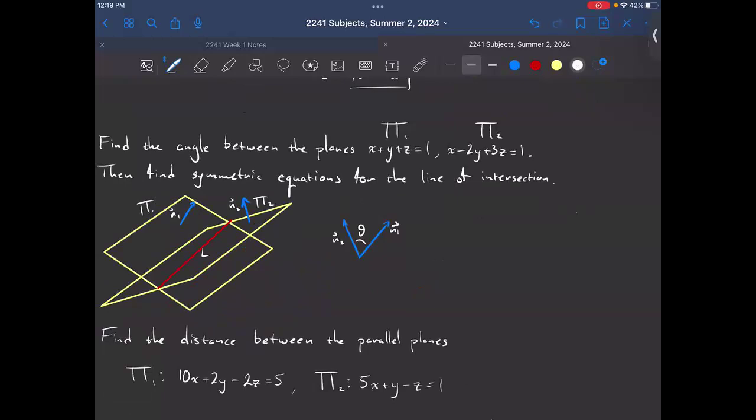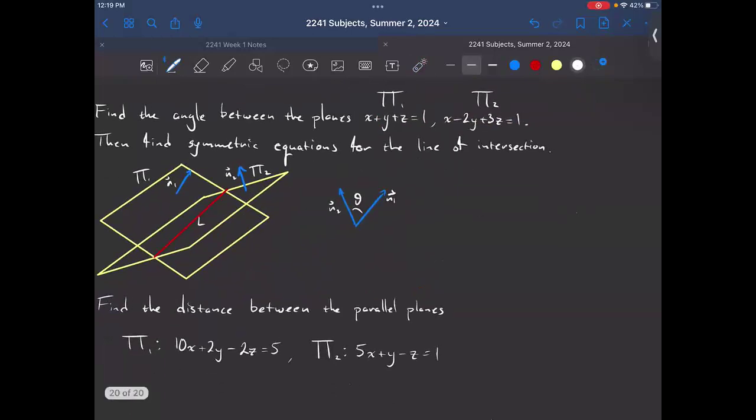And if you remember how you get the scalar equations like this, or the linear equations, it's through a dot product, and that dot product distributes its direction numbers to x, y, and z respectively. So we can just write down n1 and n2 directly from the equations.